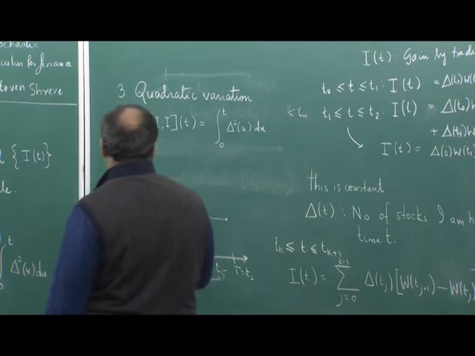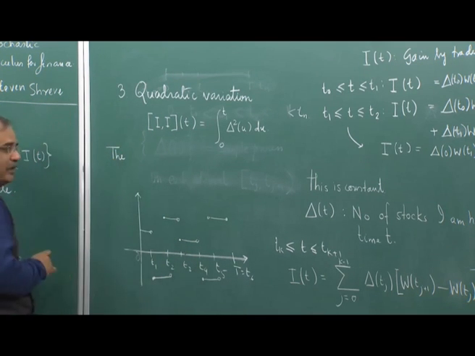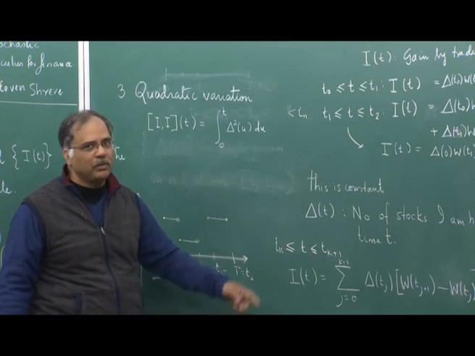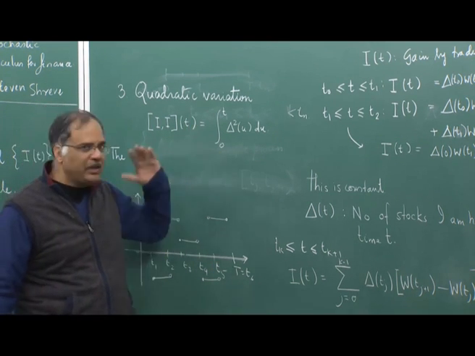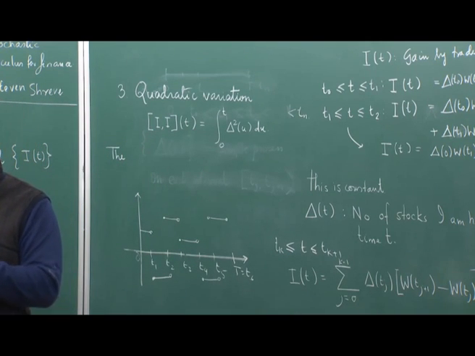That is the thing you have to take into account. But it is very interesting: the quadratic variation is a stochastic process, but for every t it gives you a number. For every t it is a fixed number. For a given sample path, for every omega, it will calculate a number very nicely.